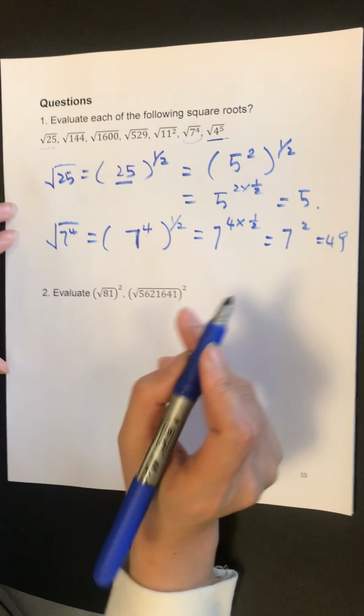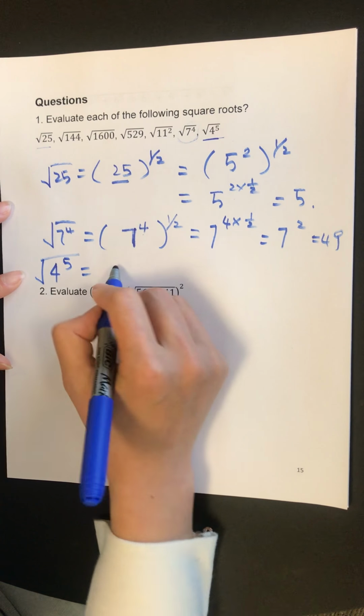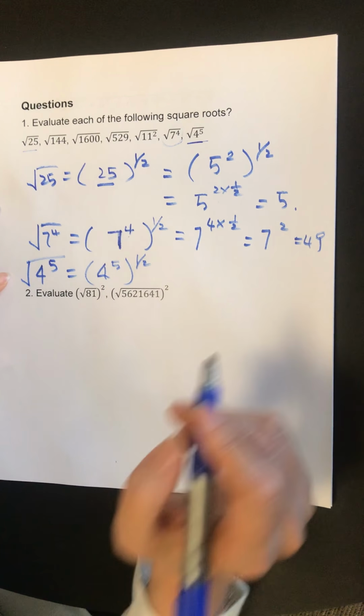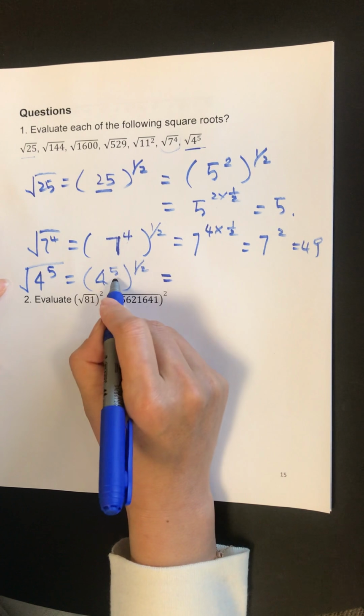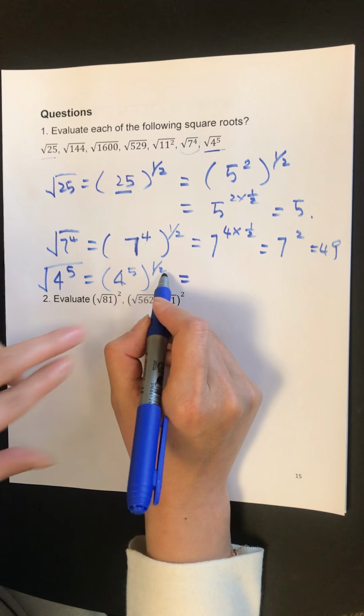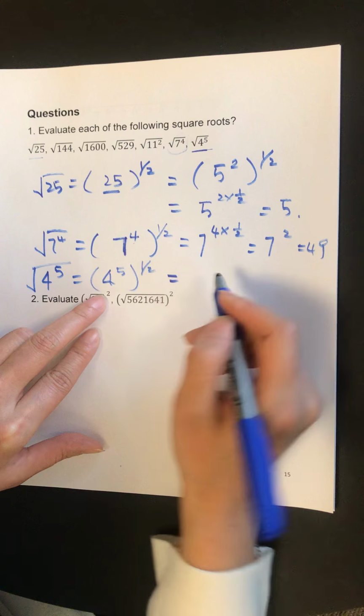This one is slightly complicated. 4 to the power of 5, taking a square root. 4 to the power of 5, taking a 1/2 exponent on the outside. So this would give you 5 halves if we multiply 5 and 1/2, but we can change the base here.